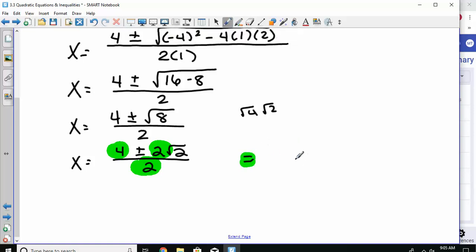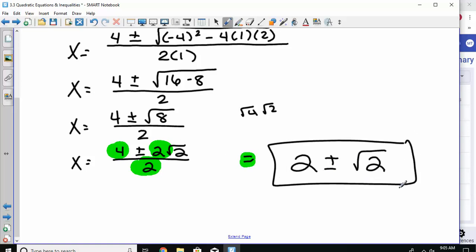And we get 4 divided by 2 is 2, plus or minus 2 radical 2 divided by 2, it's just the square root of 2. Any questions there?